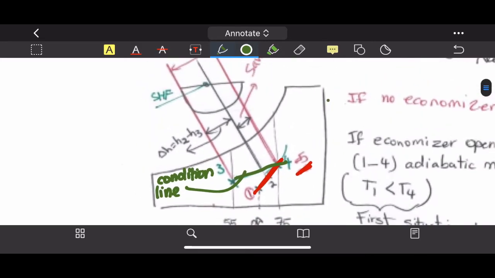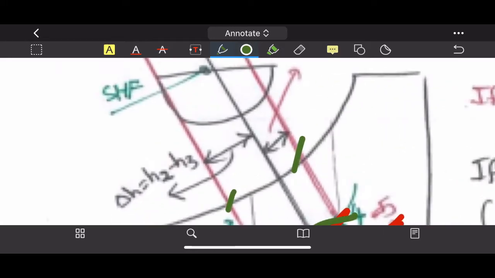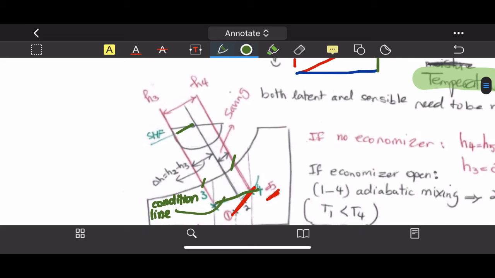For each state 3 and state 4, you will have its own enthalpy H. Also, that green line there will be parallel to the SHF. What is SHF? Sensible heat factor. Why do we use sensible heat factor? Because we have latent and sensible heat addition or rejection from this room.